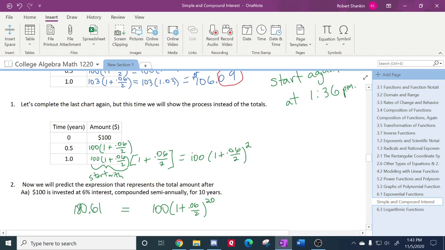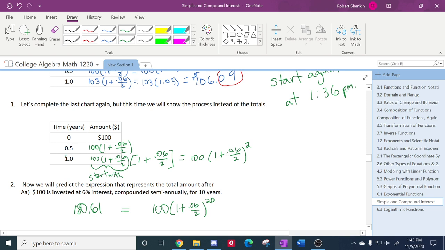Okay, so when it was 1 year, I want this in red, when it's 1 year, we get double that up here as the exponent. How come double that? Because inside of 1 year you get 2 compoundings.